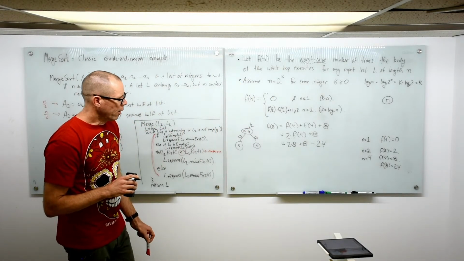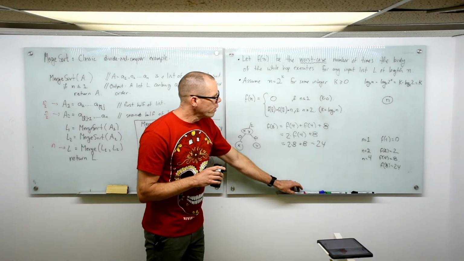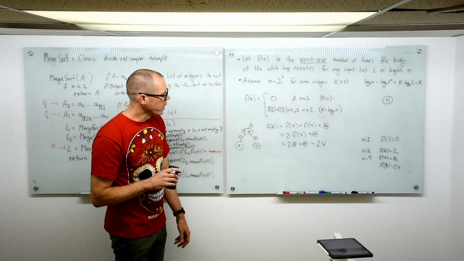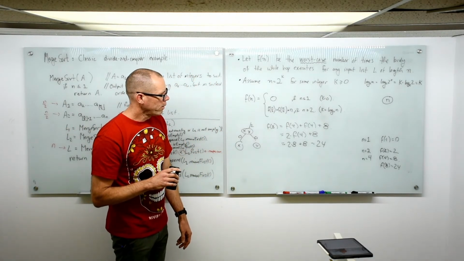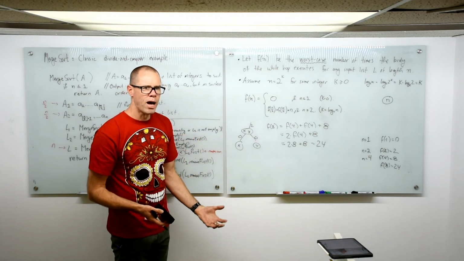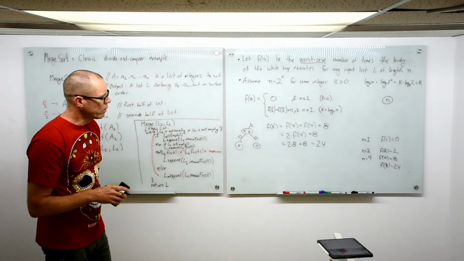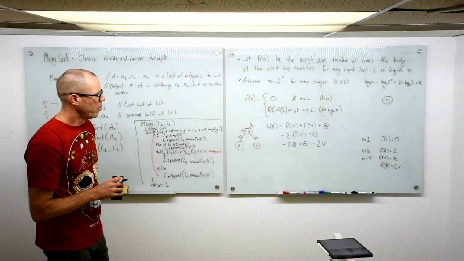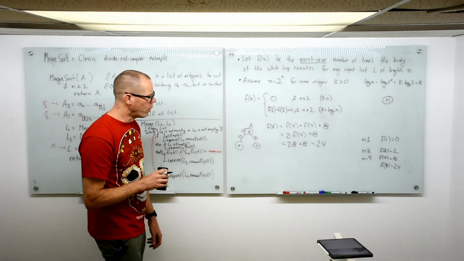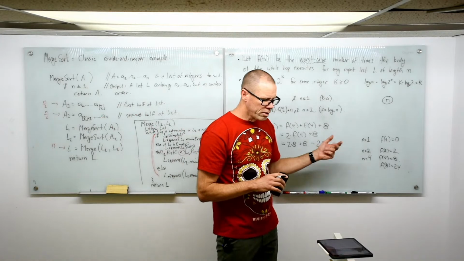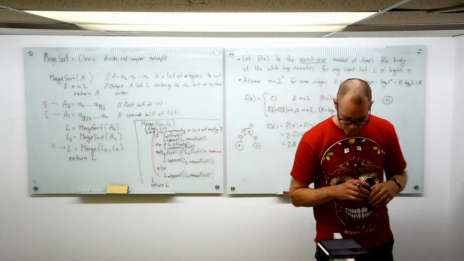Okay, that's weird looking. For these small values, it's not clear whether this is fast or slow. In fact, we won't know until we can write out some general form.